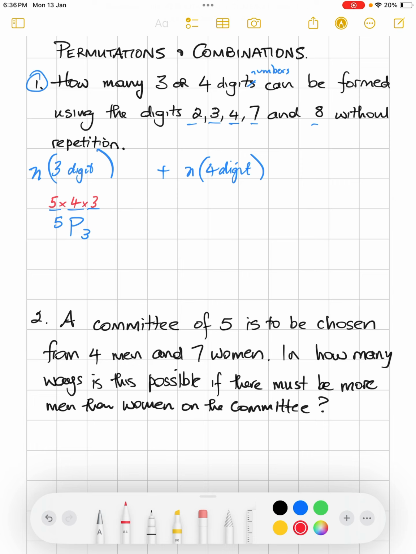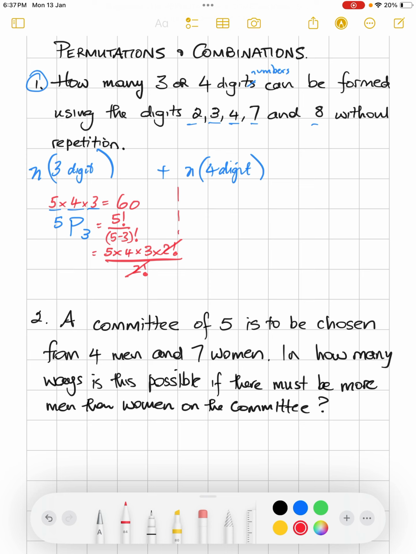And that is 5P3, which is 5 factorial over 5 minus 3 factorial, which is 5 by 4 by 3 by 2 factorial over 2 factorial, and then we can cancel the 2 by 1. 5 fours are 20 times 3 is 60. So there's 60 ways for this to happen.